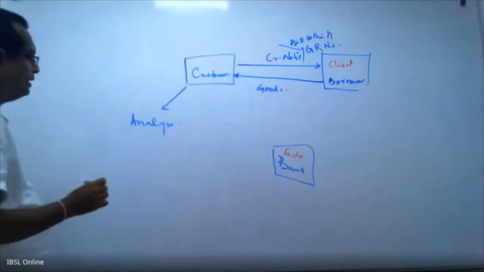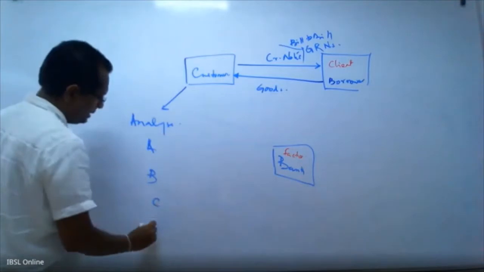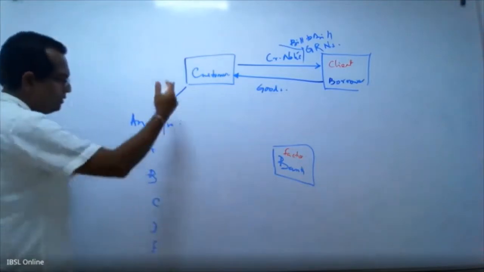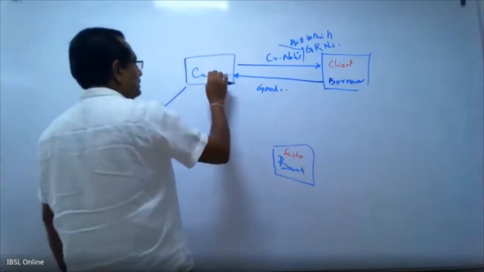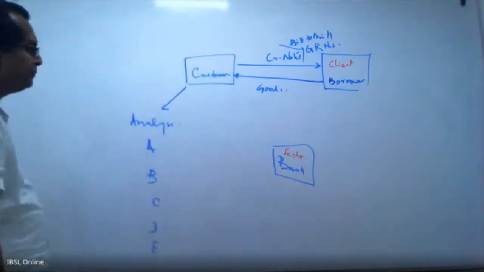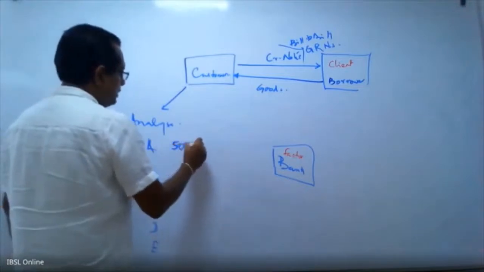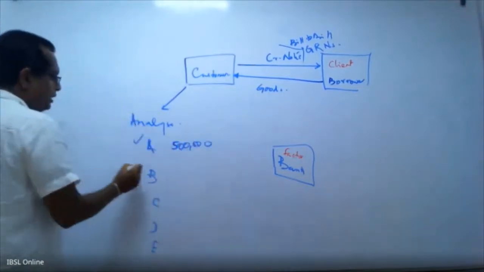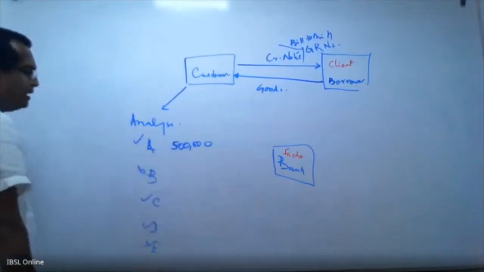And say, okay, we have A, B, C, D, E, like that. There are so many customers. Bank will go through these customers' details and say, okay, this customer is good. This customer is bad. This one is good. This one is good. This one is bad.